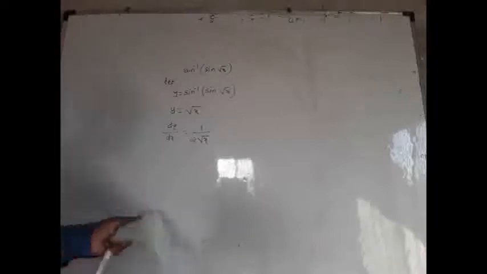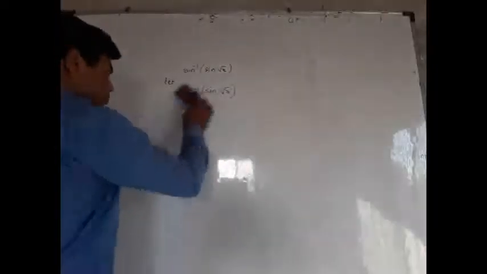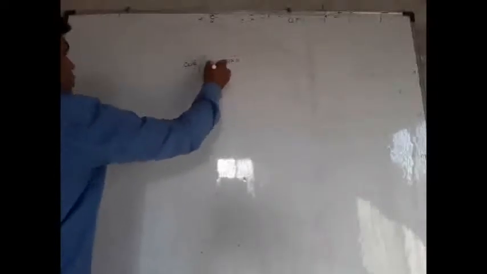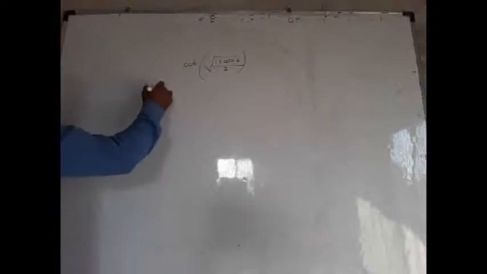Now we are going to take one example also. This is the fundamental. Now this is one important sum regarding the next question: find the derivative of cos inverse of under root of 1 plus cos x upon 2.